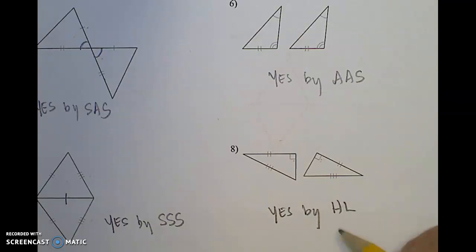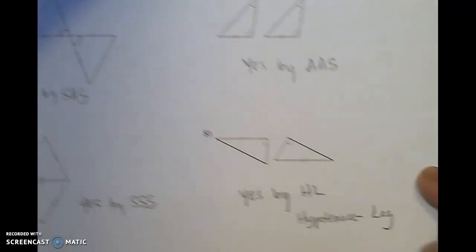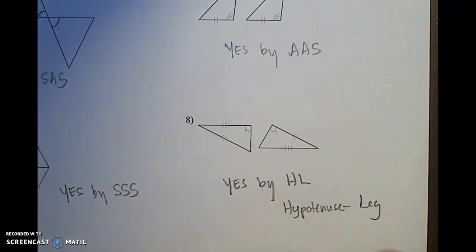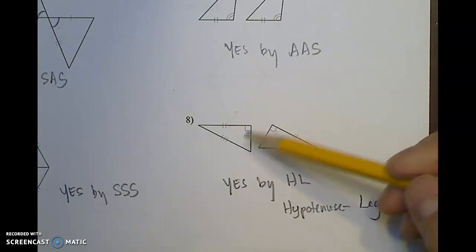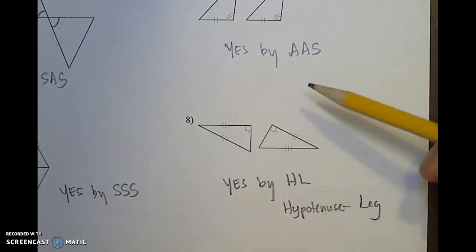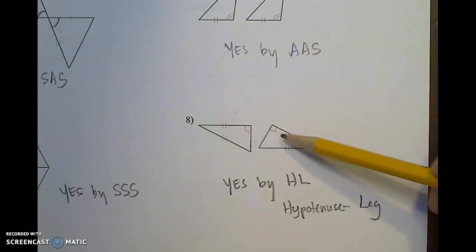And what HL stands for is hypotenuse, leg. I hope you still remember what the word hypotenuse means. Hypotenuse is the long side of a right triangle. Both of these triangles are right triangles, because they have right angles.